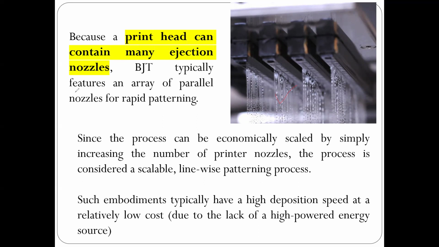Because a print head can contain many ejection nozzles, this binder jet technology typically features an array of parallel nozzles for rapid patterning. Since the process can be economically scaled by simply increasing the number of printer nozzles, the process is considered scalable. And as I told you, it is a faster process, and you can make it even faster by adding more nozzles to the print head.